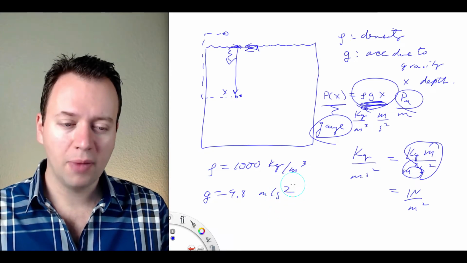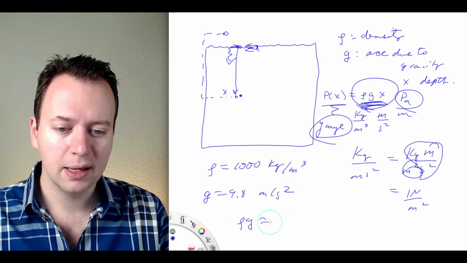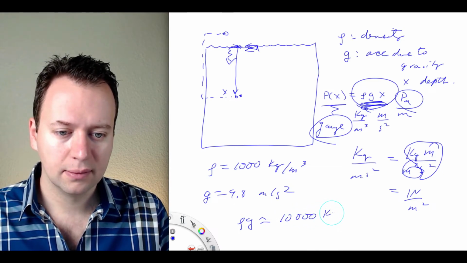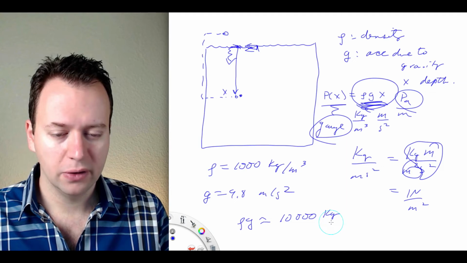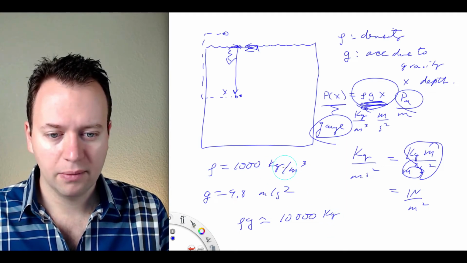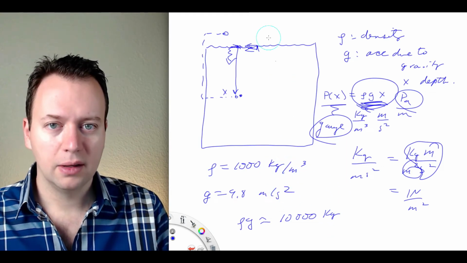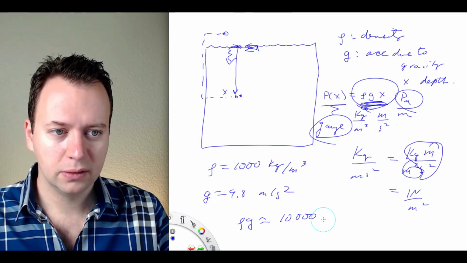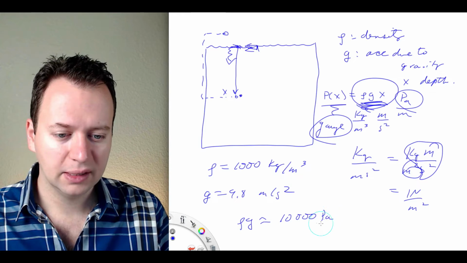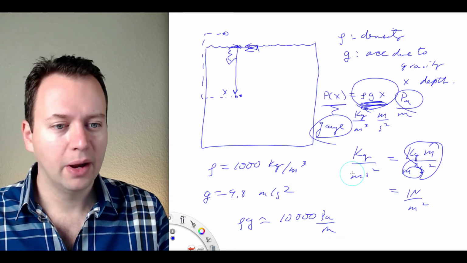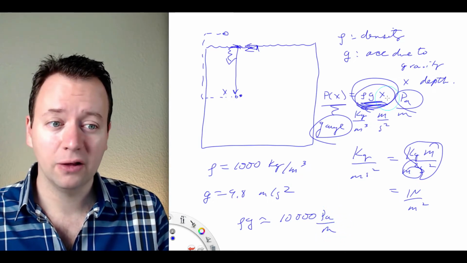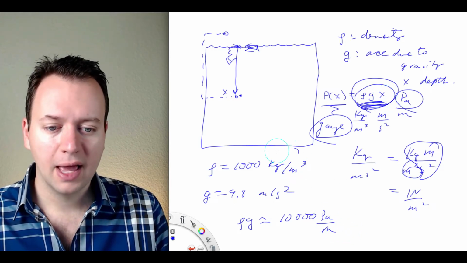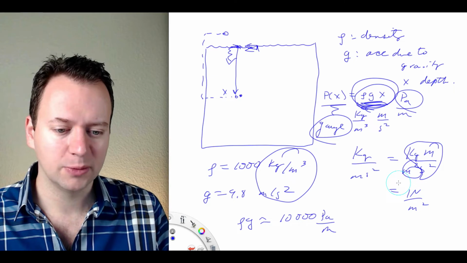So just order of magnitude, rho G is about 10,000, and kilogram meters per second squared is newtons, so basically pascals per meter, right? Because this whole thing has to have units of pascals, so when we multiply this by x, we get pascals, so this is going to be pascals per meter.